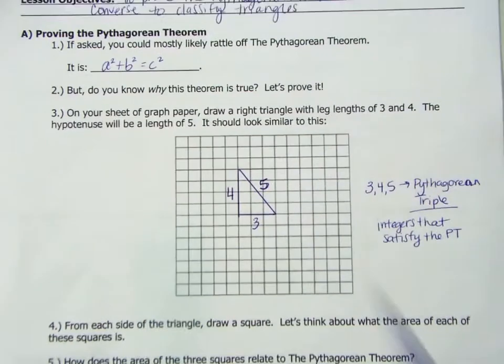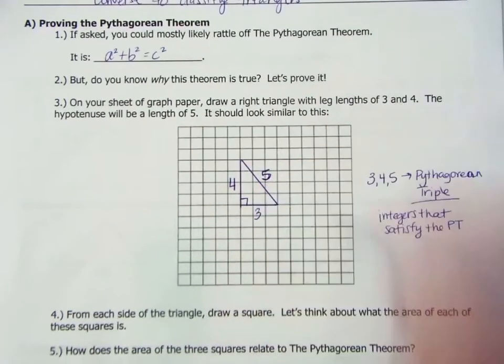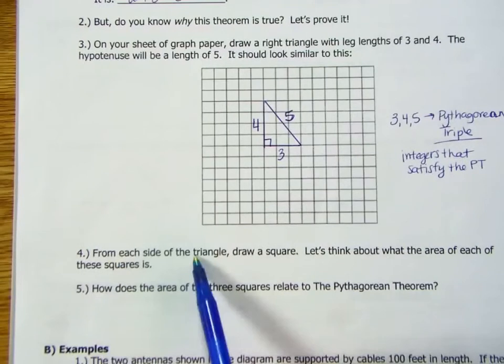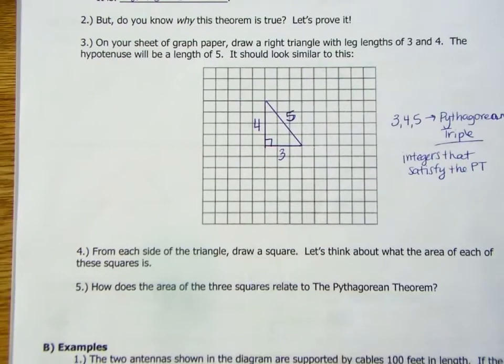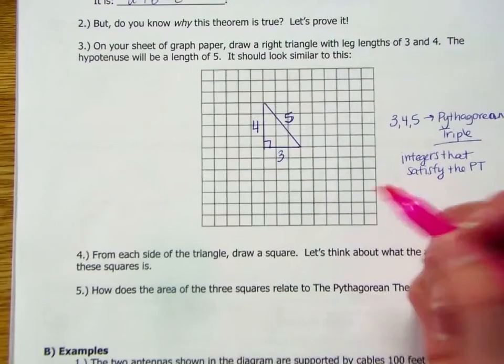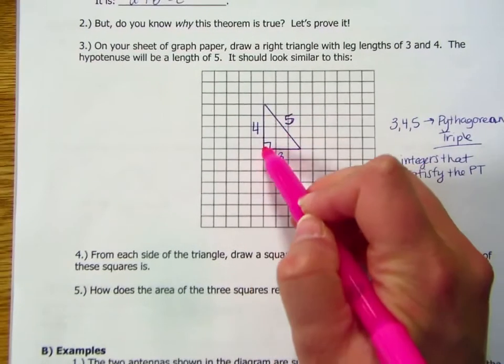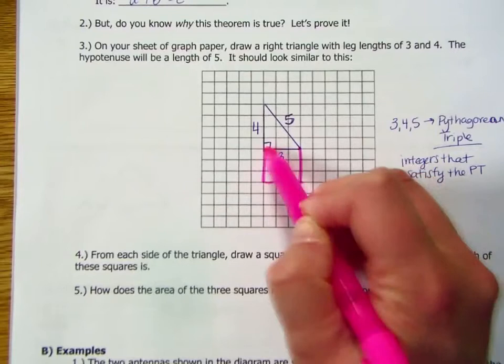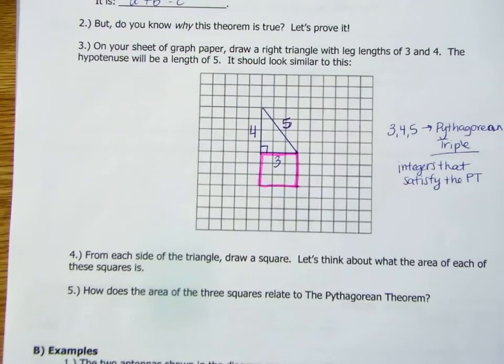All right, so back to our little right triangle on our grid here. It says from each side of the triangle, draw a square. So I'll do that in a different color. Off of my side that's 3, a square will look like that.